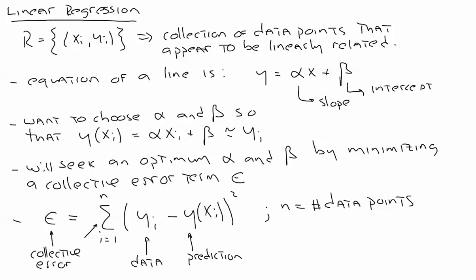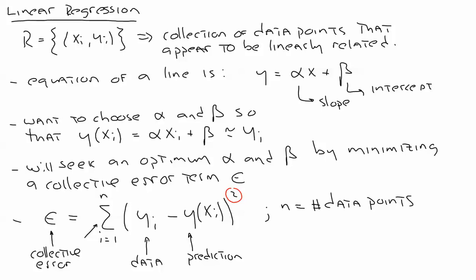It's relatively easy to take the derivative of a function that's squared. You'll notice my collective error term here includes that power of 2. The reason I'm doing that is I'm making the errors all positive. You might at first say, let's throw in some absolute values, look at the absolute error between my data point and my predicted value. That's hard to take a derivative of. If I square everything, however, it makes all of the errors positive.